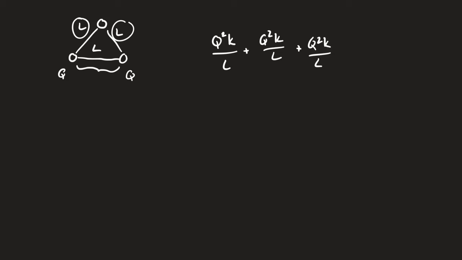Well, how many pairs of two are there? Look at the picture. I'm pretty sure there's 6 of them, which means that the total amount of energy must be 6 Q squared K over L. There's 6 pairs of 2.